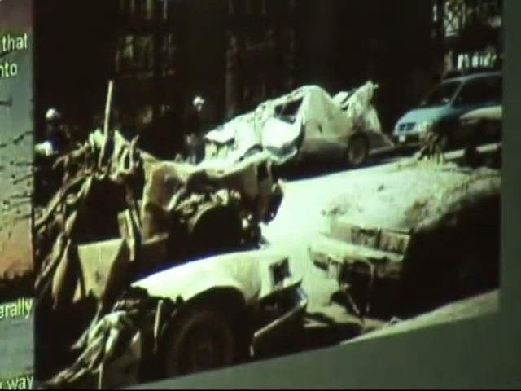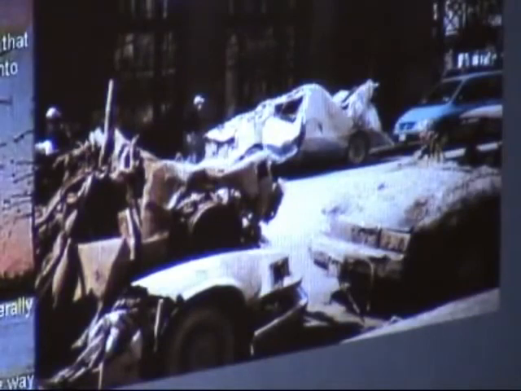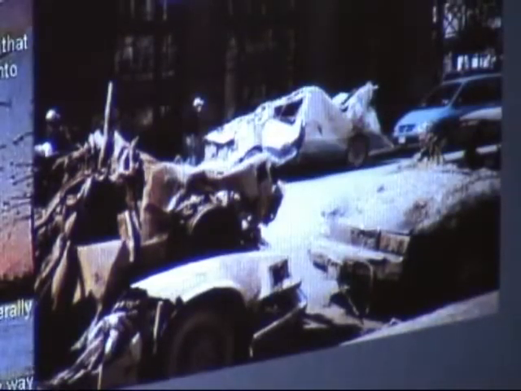These are cars in the general vicinity of 9/11. Now there's a ton of pictures like this. I could have had a whole half an hour, an hour and a half just on 9/11. So we're going to move really quick. But look what we have here. Look at this car. It's melted. But look, rubber tire intact. Okay? Look at this car. Melted. The steel is melted, and yet rubber tire intact.